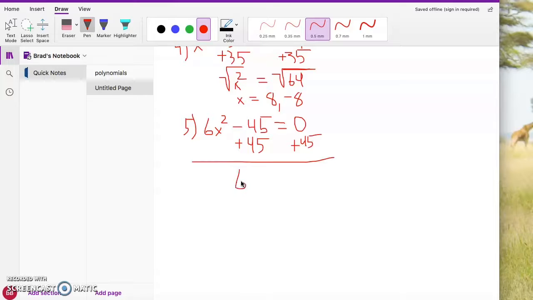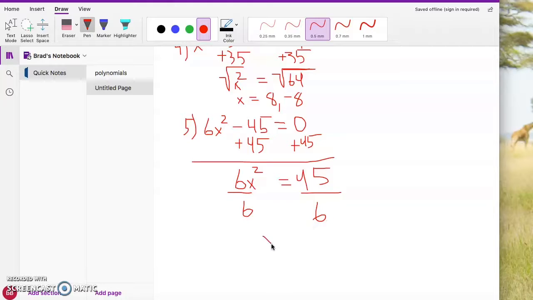Now we have 6x squared equals negative 45. Now what do we do? We have to get rid of that 6, so divide each side by 6. Always remember, whatever you do to one side, you have to do to the other.